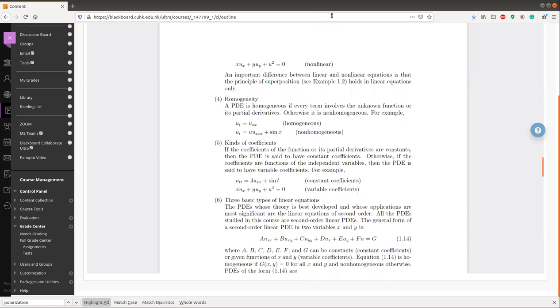Yes, in front of ux or uy, the variable coefficient situation only lists independent variables. But how about when they are linear dependent? I think the dependent variable here is u, right? So do you mean the coefficients in front of ux or uy are some functions of u?